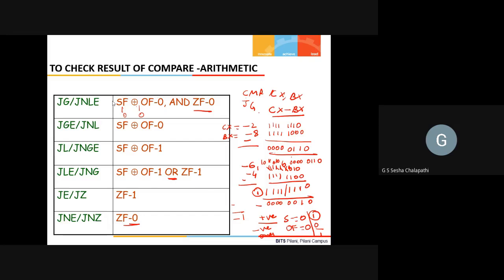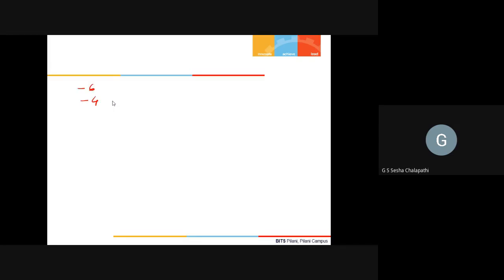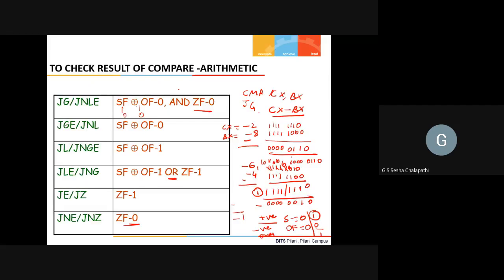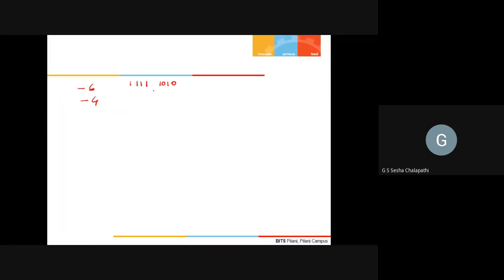Four ones followed by 1010. This is -6. -4 is 6 ones followed by 00.